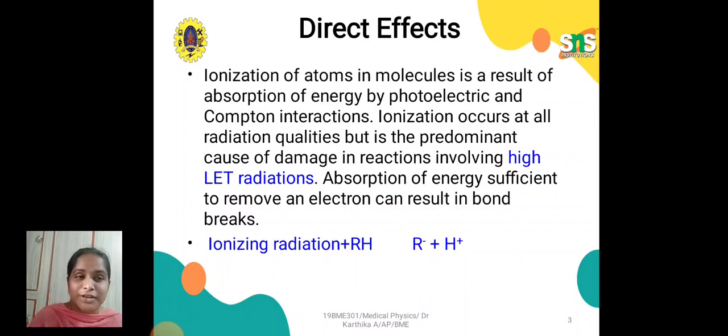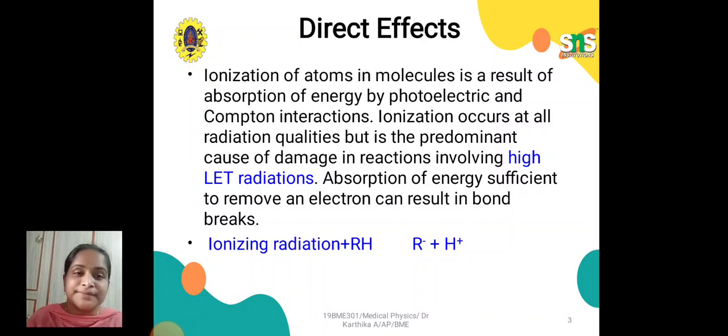Here the ionization occurs at all radiation qualities, but the predominant cause of damage is in reactions involving high LET radiations. LET means linear energy transfer. Here the absorption of energy is sufficient to remove an electron. It can result in bond breaks.